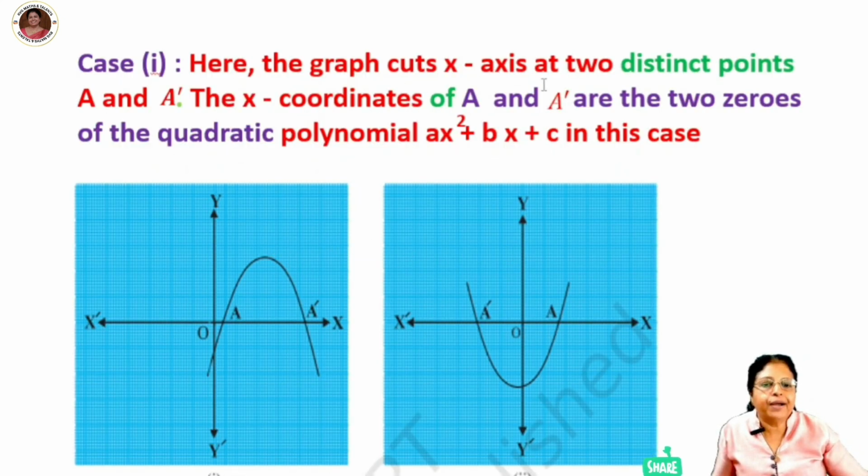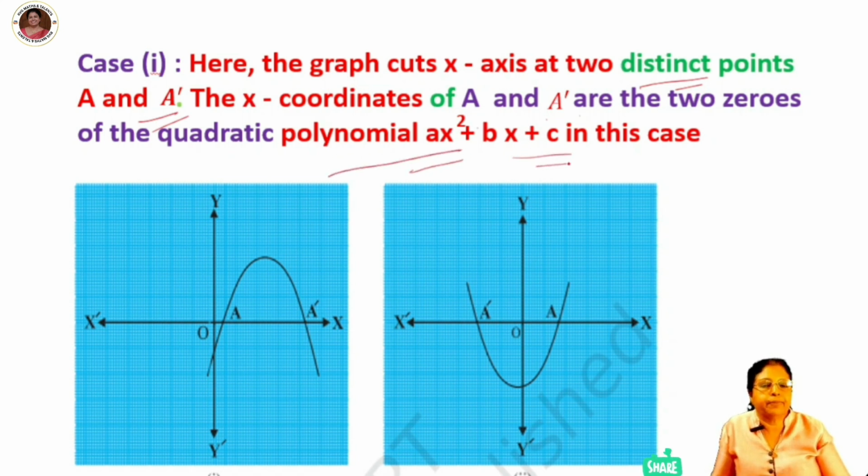Here the graph cuts the x-axis at 2 distinct points, a and a dash. Here x coordinates of a and a dash are the 2 zeros of the quadratic polynomial ax square plus bx plus c. Here, this is the graph of ax square plus bx plus c.